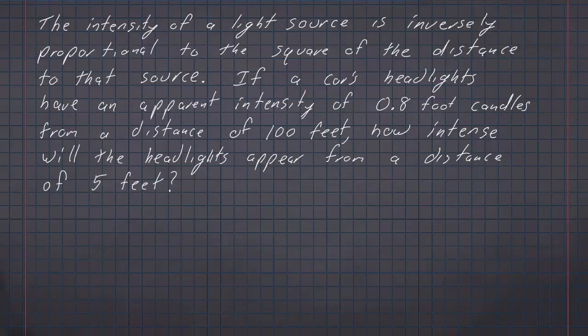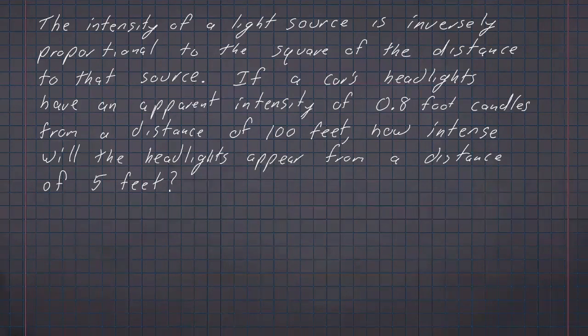The intensity of a light source is inversely proportional to the square of the distance to that source. If a car's headlights have an apparent intensity of 0.8 foot candles from a distance of 100 feet, how intense will the headlights appear from a distance of 5 feet?